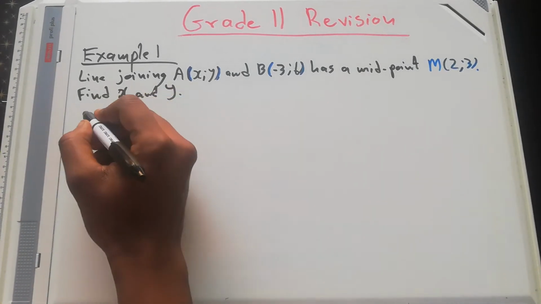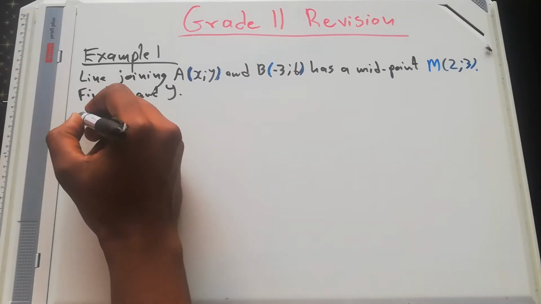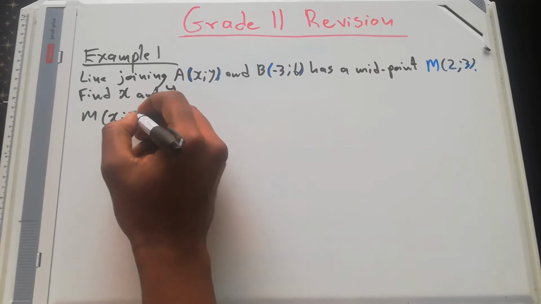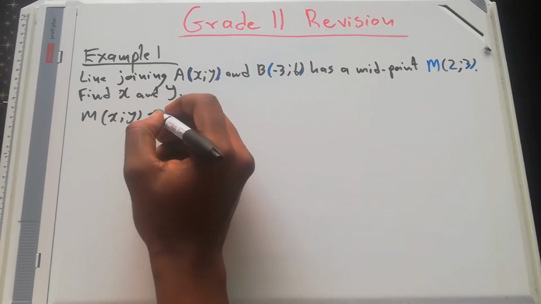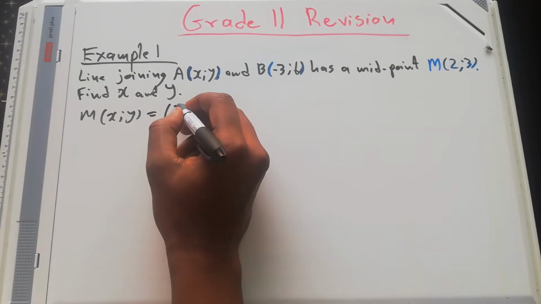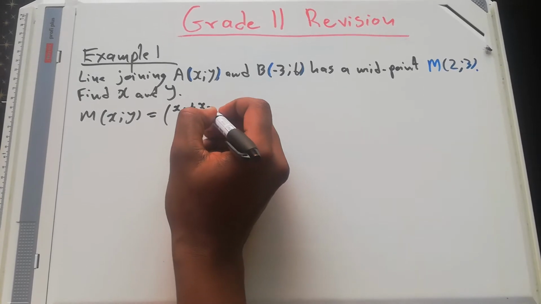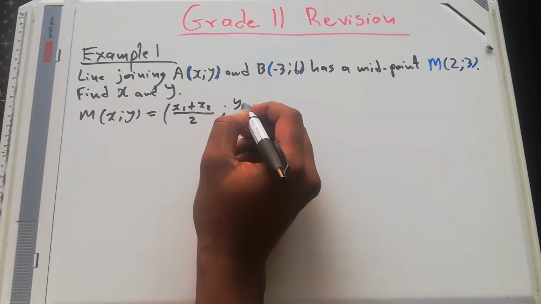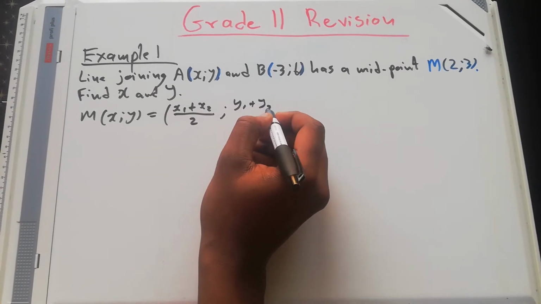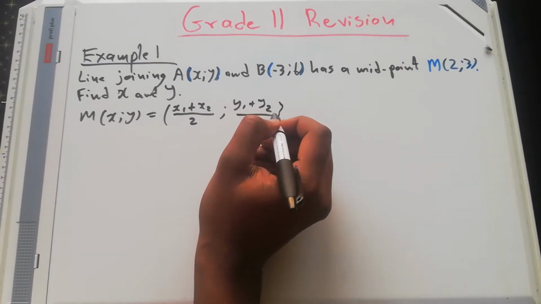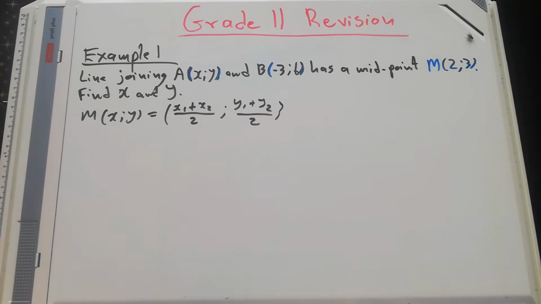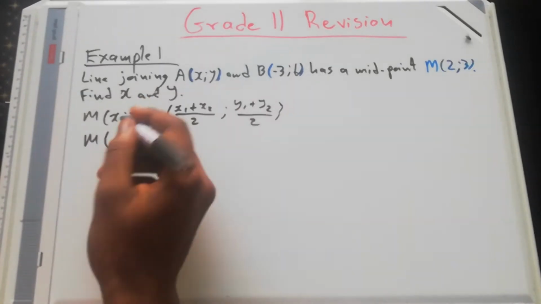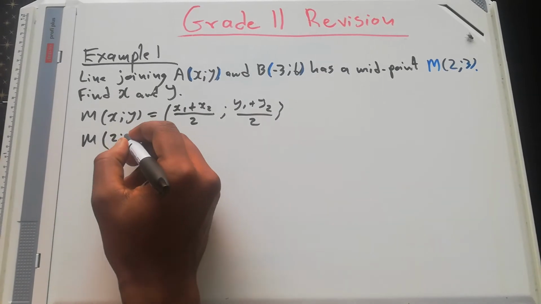So firstly, what you do is you write the midpoint formula, which is M(x, y) equals ((x1 plus x2) all over 2, (y1 plus y2) all over 2). And then you just plug in your values. You're given that your midpoint is (2, 3).